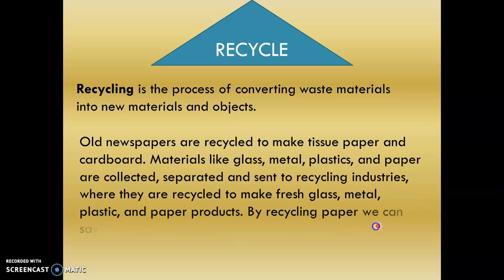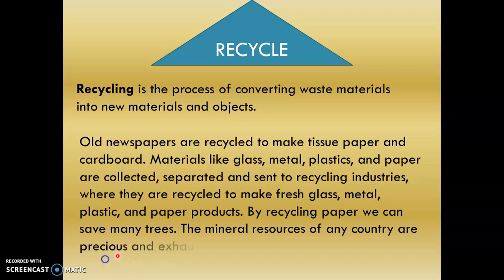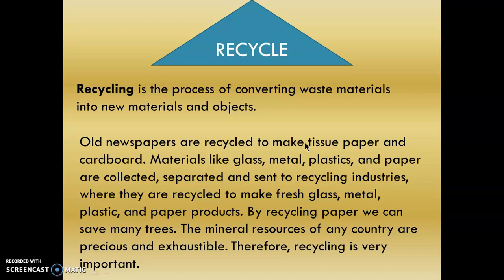By recycling paper, we can save many trees. The mineral resources of any country are precious and exhaustible. Therefore, recycling is very important. So, old newspapers are recycled to make new paper.